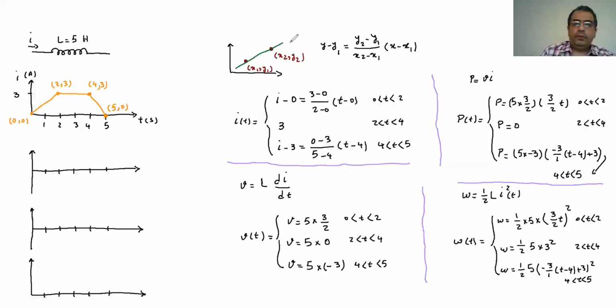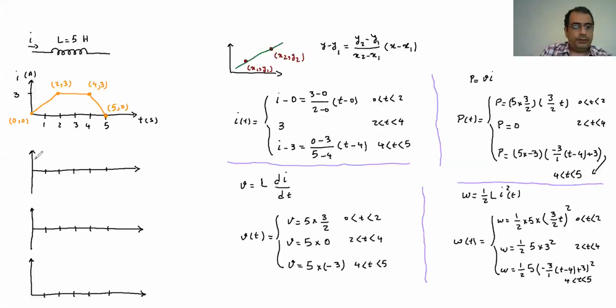So for the voltage, what we are going to get if I draw this equation. See, it's going to be 5 times 3 is going to be 15 divided by 2 is going to be 7.5. Then it's going to be 0. Then it's going to be negative 15.